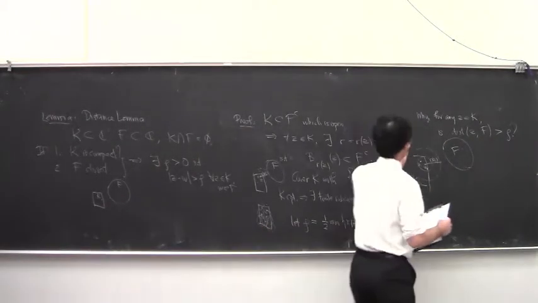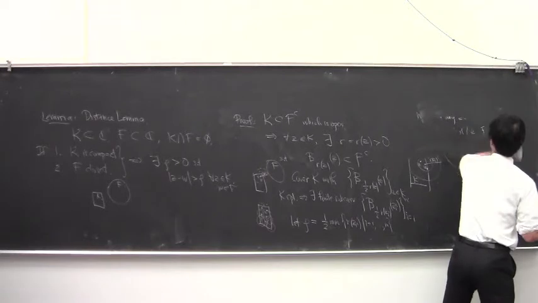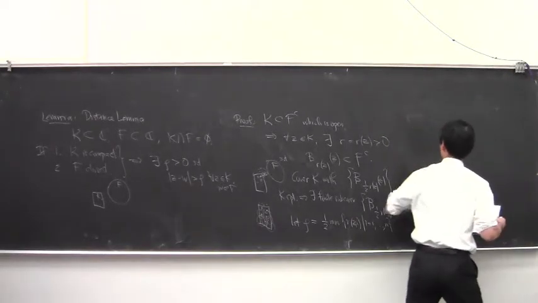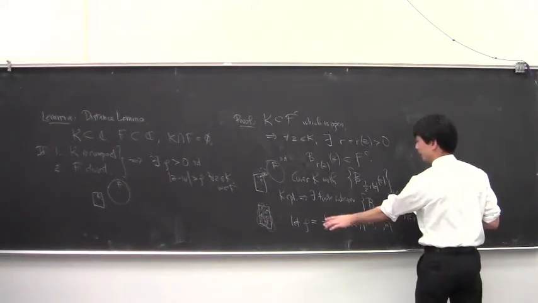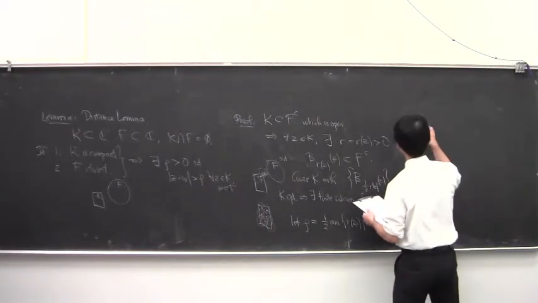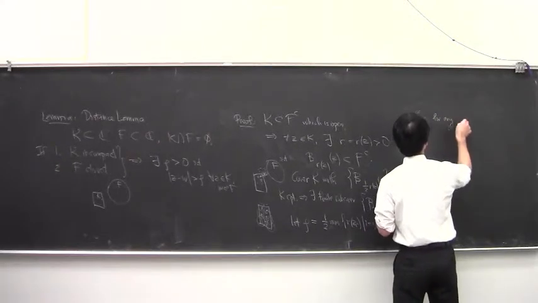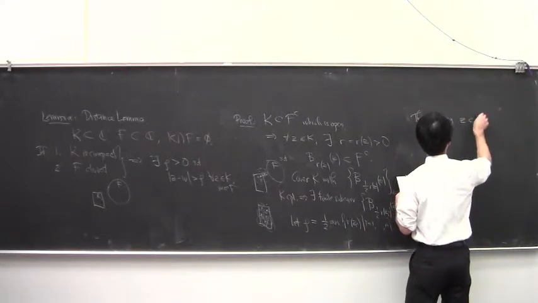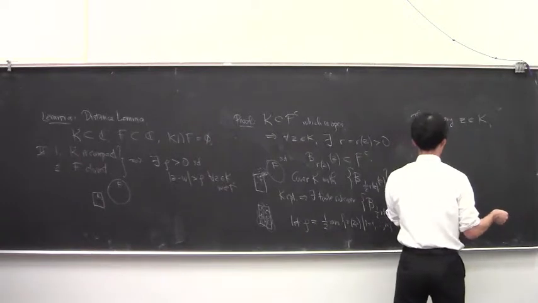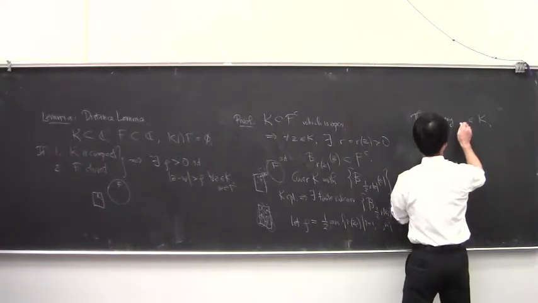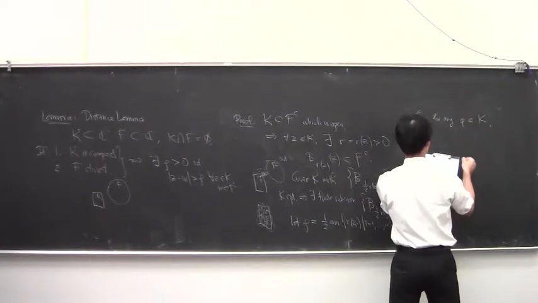So once you choose your rho as the minimum of those, you say, well, okay, then for any z in K, I'm sorry, let me use P, because that's what I'm using in my notes.